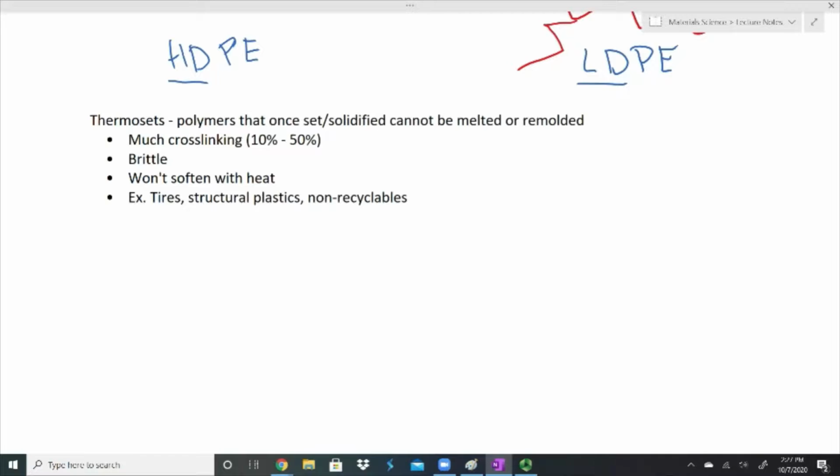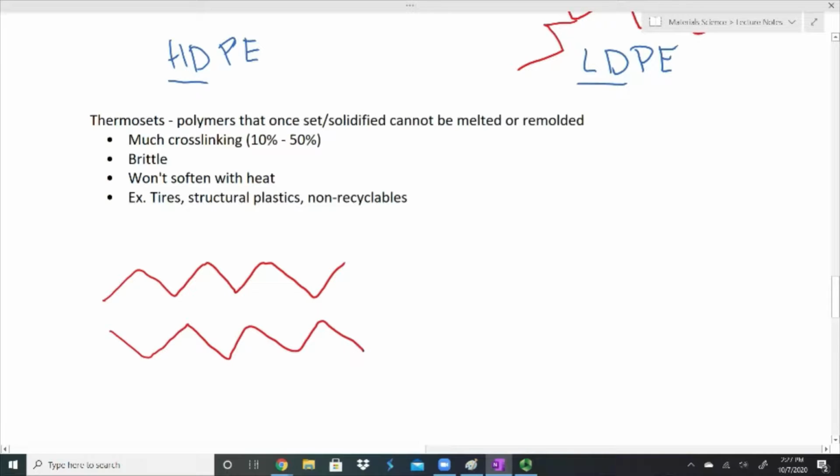So what it is, let's say I have a polymer chain and another polymer chain that comes into it or comes near it. Instead of them just being attracted with the van der Waals forces, what I can do is add some type of catalyst in there. And a lot of times these are epoxies, they're resins, and you add some type of additive to harden it and to cause this reaction to happen.